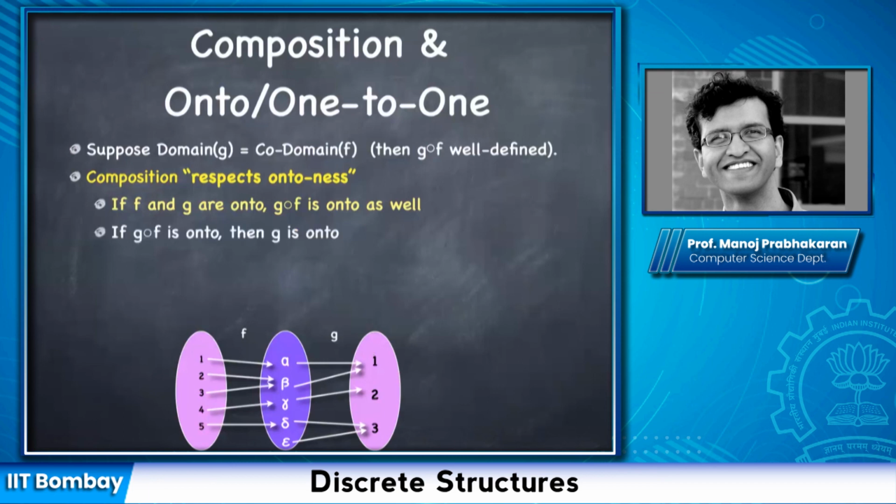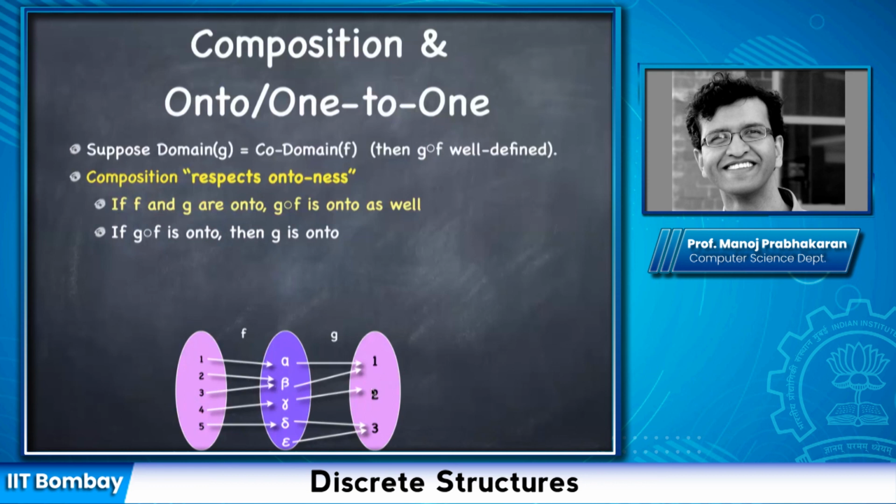However, what I can say is that at least G has to be onto. Because remember, the way I found the pre-image for every element here is by taking a step back in G to some pre-image in G, and then I use the onto property of F to get back to something here. But at the very least, even if F is not onto, I need that if G were not onto, if this element, say 2, was not reachable from anything in G, then it will never be reachable in G of F either, right?